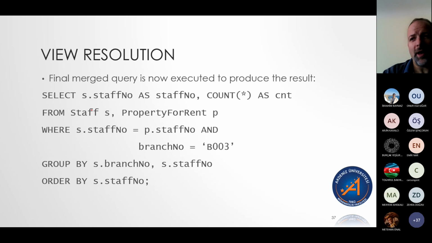Without a view, this is how we would have to write the query to get this information, where if we wanted to know the staff people and the number of properties they are managing at a particular branch, we would have to write the query like this.